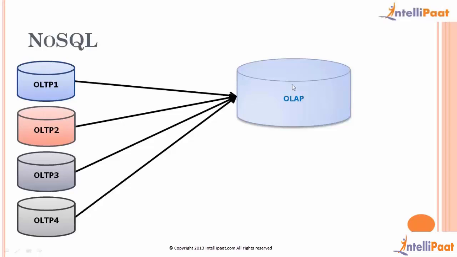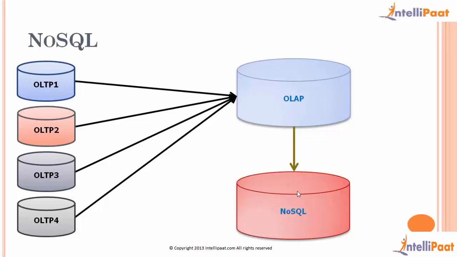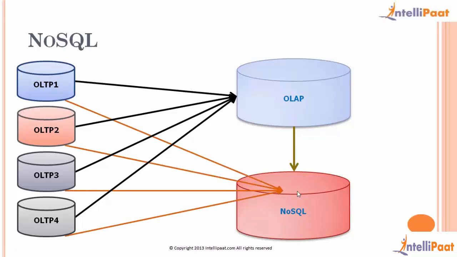Now, as I said, due to changes in environment or requirements, this OLAP is again not capable of catering to all of today's needs. So another one came into the picture, which is called the NoSQL database, and this is a new generation database as well. Previously we were migrating data from OLTP to OLAP, and from there we were doing analytical or reporting activity.